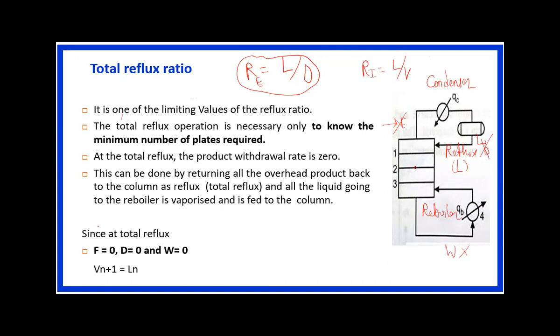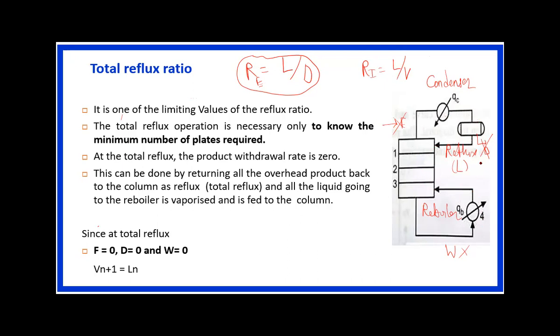The feed goes to the reboiler, vapors come out, again it is condensed, and whatever condensate is created in the accumulator or reflux drum, that 100% reflux goes back to the column, and again it is heated, and again the vapors are created, and the same process continues.